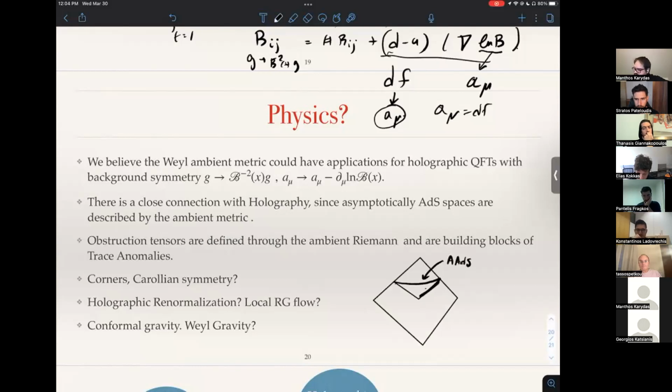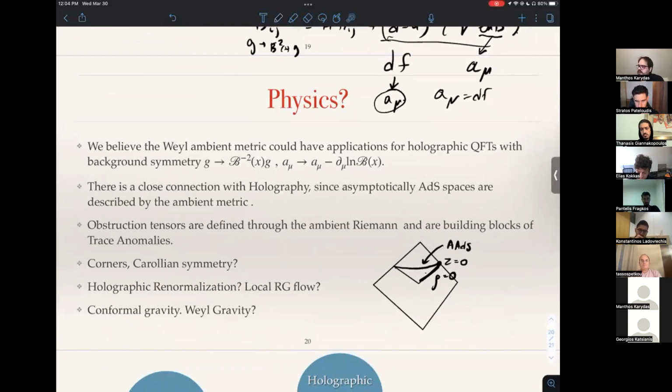This surface here, the null cone, is the rho equals 0 surface that I was talking about. And the point where they both intersect is the conformal boundary, the z equals 0 in holography. Obstruction tensors are defined through the ambient Riemann, as I said, and they're basically the building blocks of trace anomalies. That's something I haven't explained, but this is true.